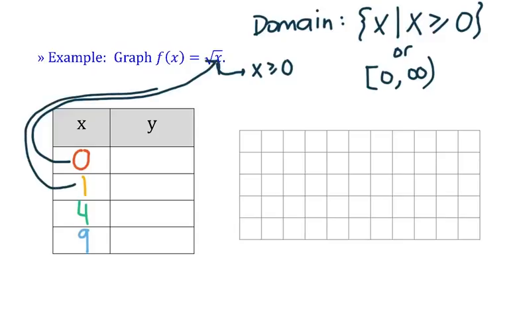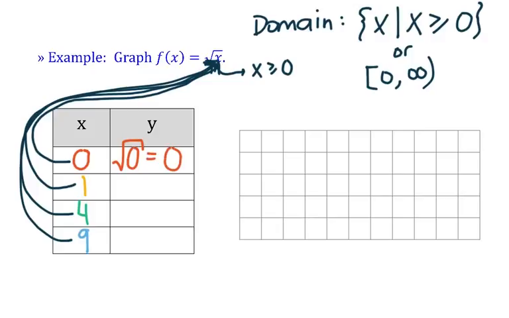All the function does in this case is it square roots whatever x value we have. So, plugging in 0 means square root 0, in which case we get 0. Plugging in 1, the square root of 1 is 1. Plugging in 4, the square root of 4 is 2. And plugging in 9, the square root of 9 is 3.